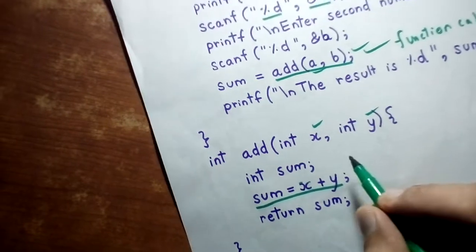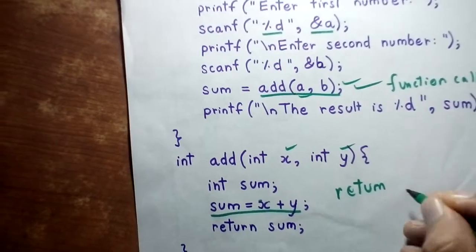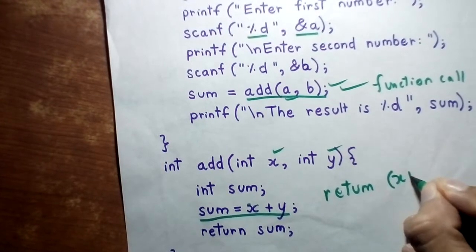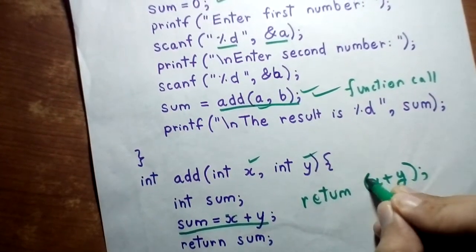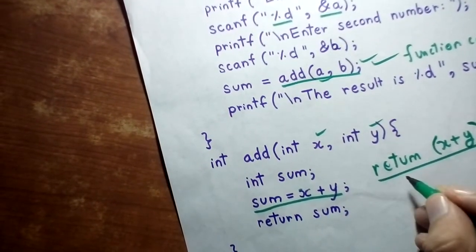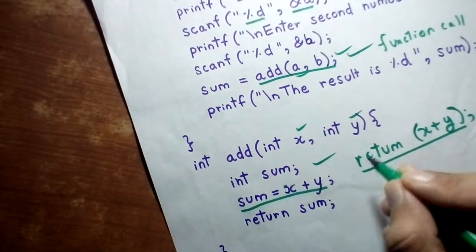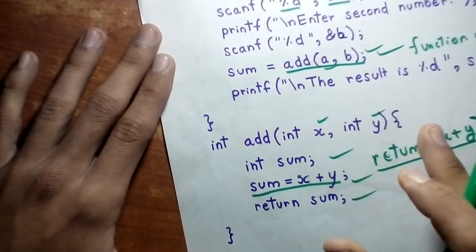Although we could have done this directly in one line of code, like return (x + y). These parentheses are completely optional, and we can use them to group terms together. We could have done it in just one line of code, but for the sake of simplicity and to explain this program, I have done it in three lines.